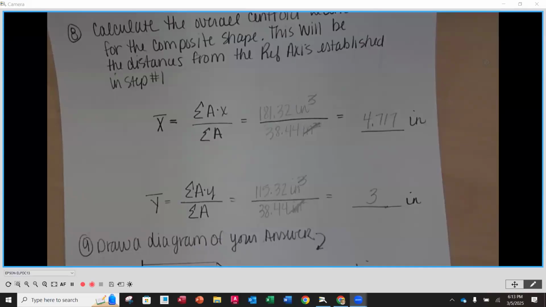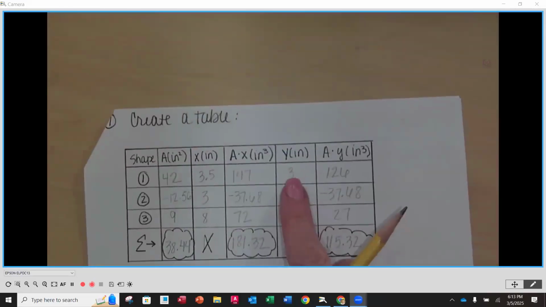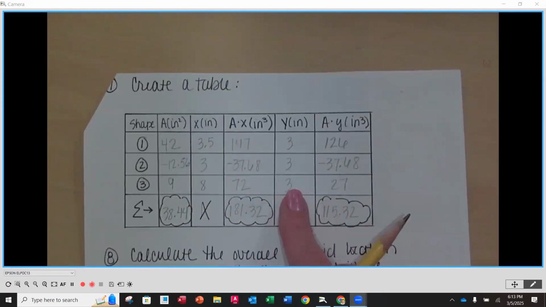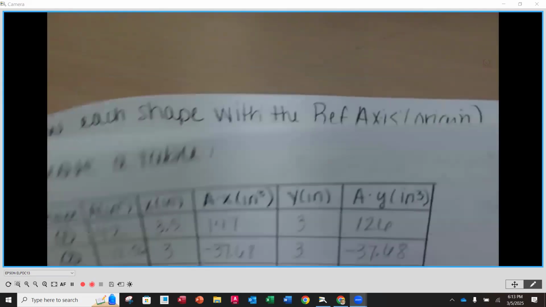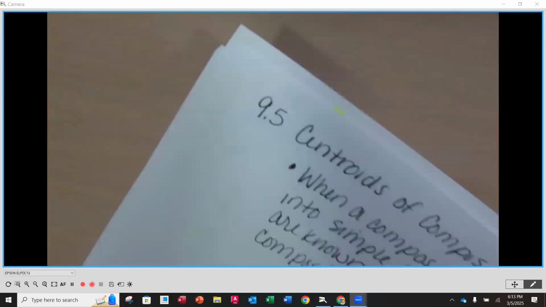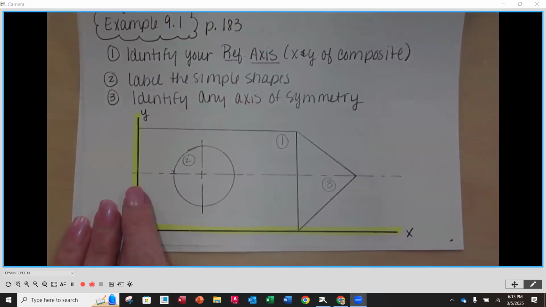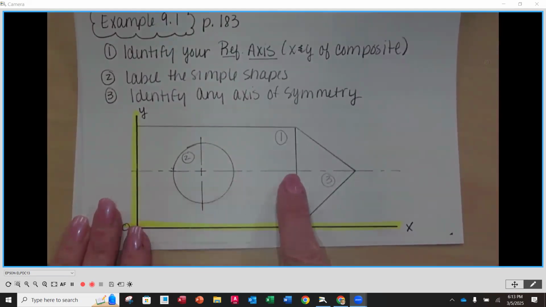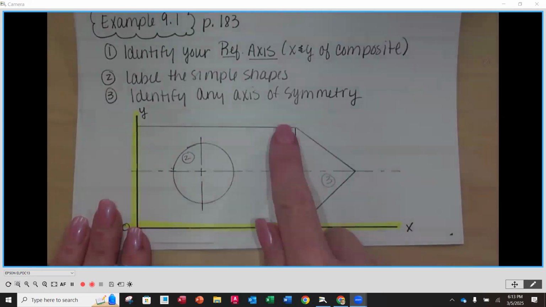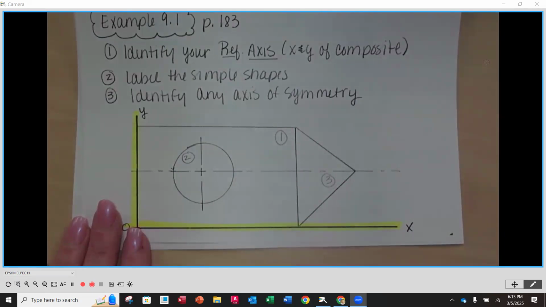And the reason it's no surprise is because, first of all, our Y's were 3. And if we look back at our composite, very first here, you're going to notice that we have a common, what we would call an axis or a line of symmetry, where on either side of that line, it's a mirror image. It's symmetrical. So our centroid is always going to lie somewhere along there.